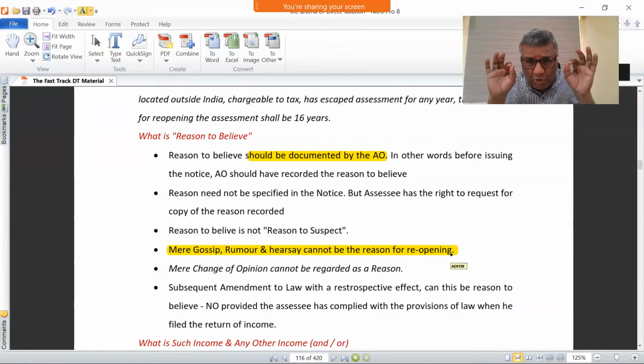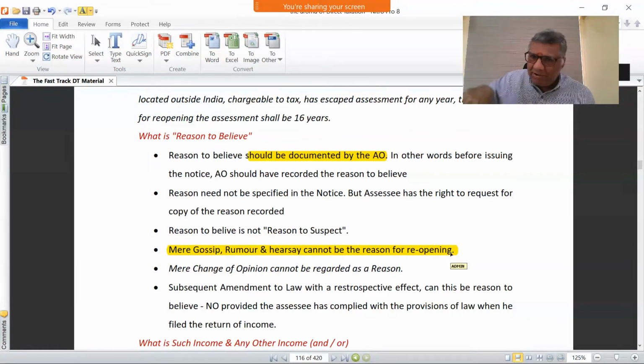It is now settled position. The court asked the assessing officer, at the time of filing the return, is the assessee correct? Yes, sir, he is correct. Later only the law is amended. This is not reason to believe.